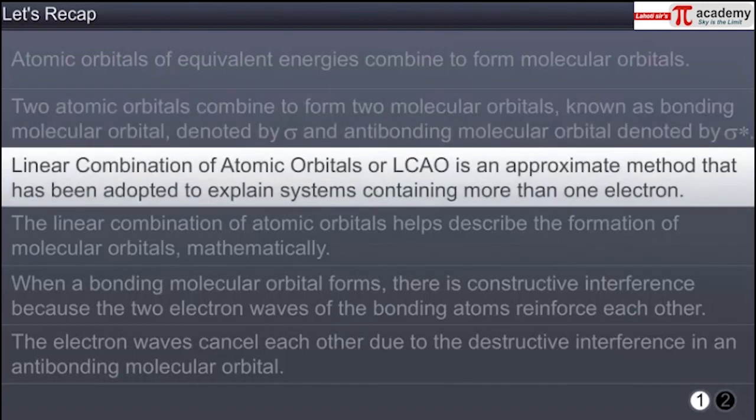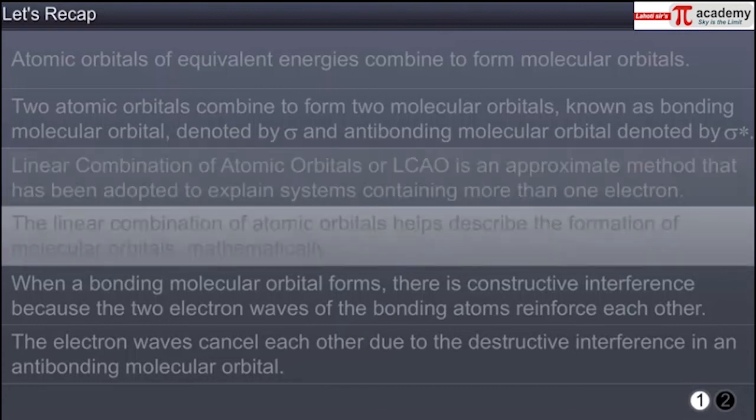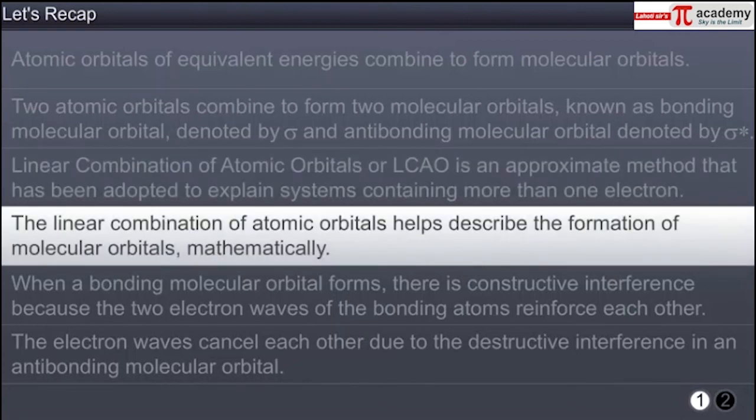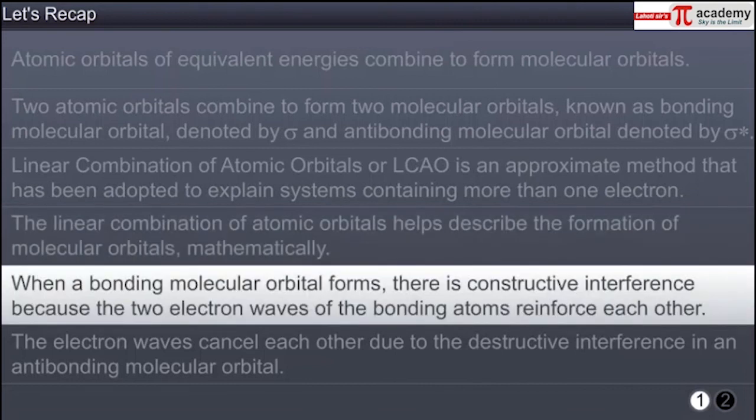Linear combination of atomic orbitals, or LCAO, is an approximate method that has been adopted to explain systems containing more than one electron. The linear combination of atomic orbitals helps describe the formation of molecular orbitals mathematically. When a bonding molecular orbital forms, there is constructive interference because the two electron waves of the bonding atoms reinforce each other.